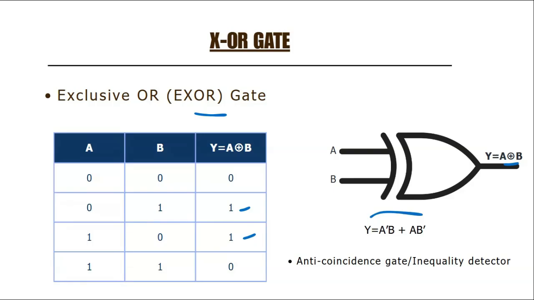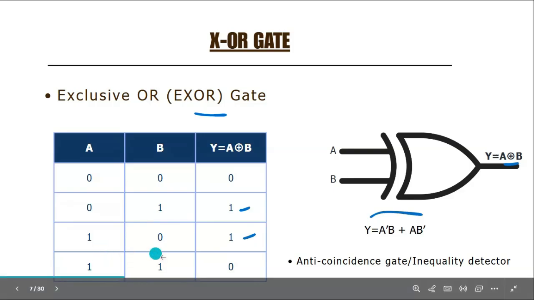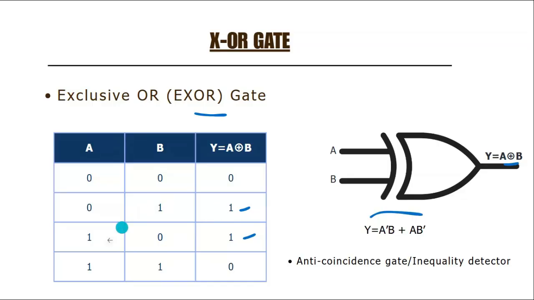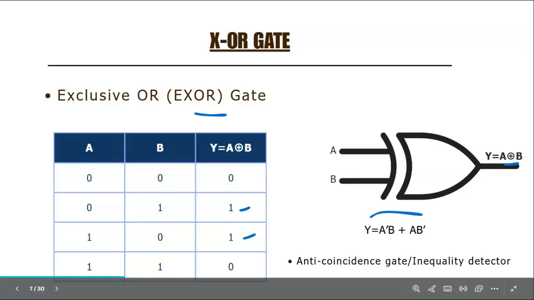That is, it excludes the condition when both the inputs are 1. In other words, we get a high or a 1 when the inputs are different, which means we get a high or 1 only when one of its inputs is a 1. And when both the inputs are 1, the output is equal to 0.